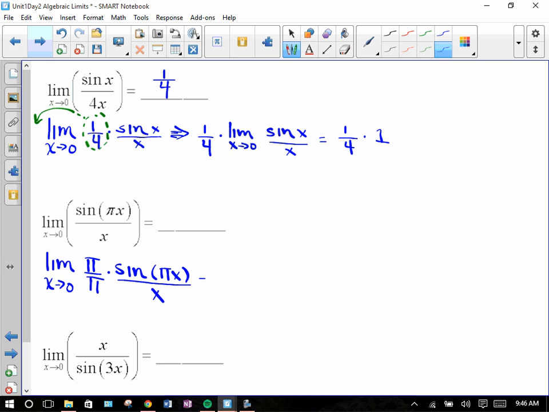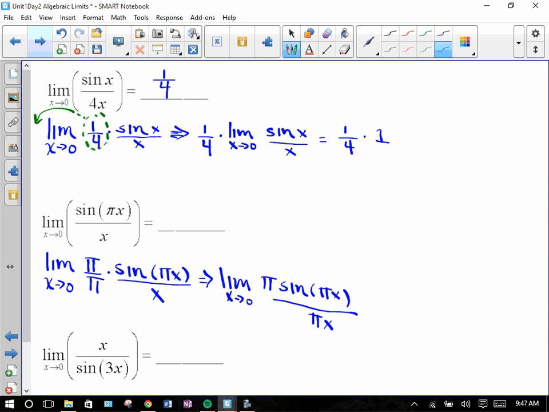What that is equal to is the limit as x approaches 0 of pi sine pi x over pi x. Now, are we following along so far? Yeah.